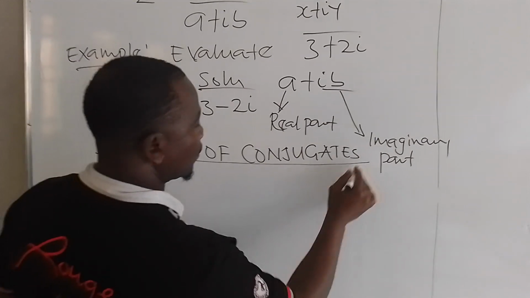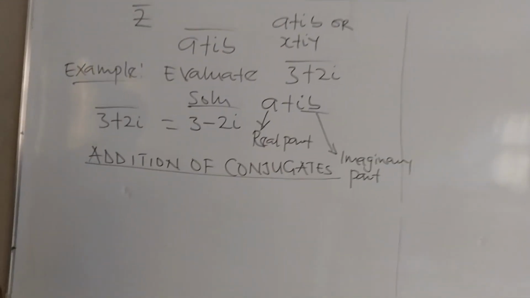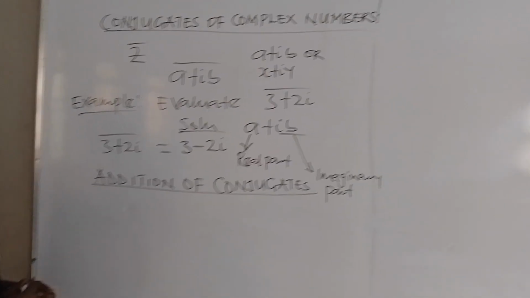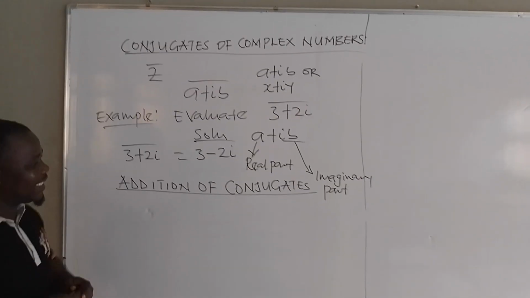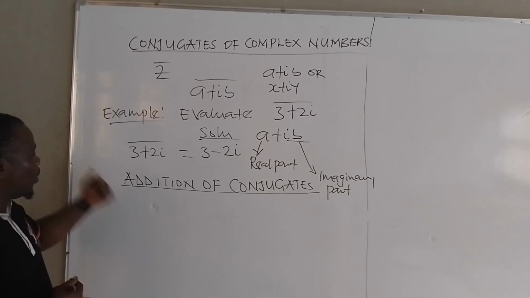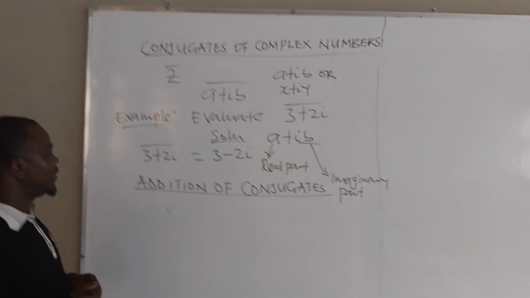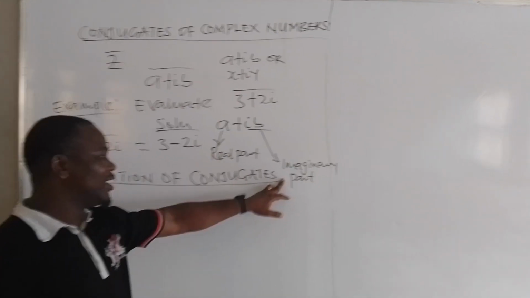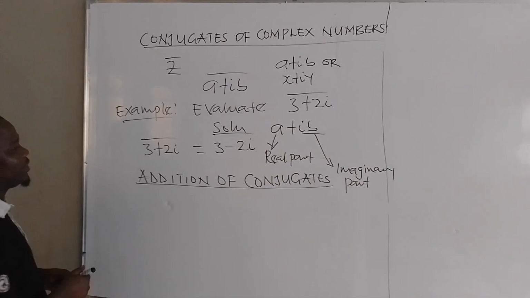Okay, let's look at addition of conjugates. Let's fix the idea with one example. It is not difficult. The way you add 1 plus 2 plus 3, that is the same way you are going to add the conjugates of complex numbers. Okay, let's fix the idea with this example.